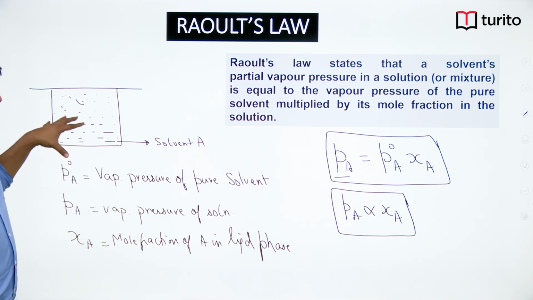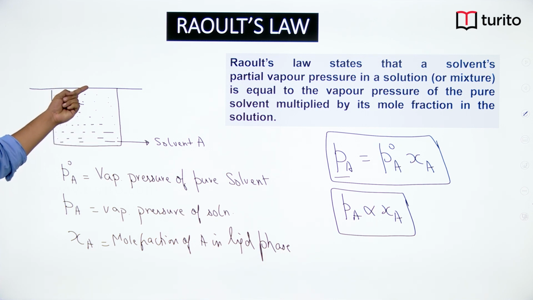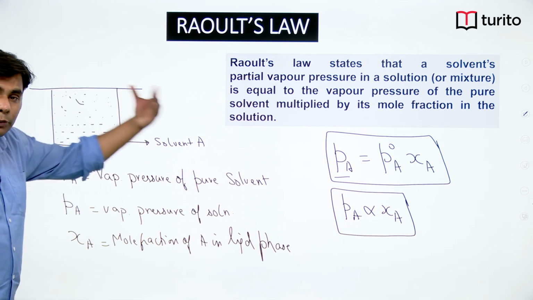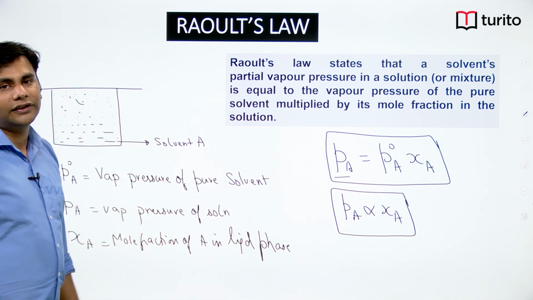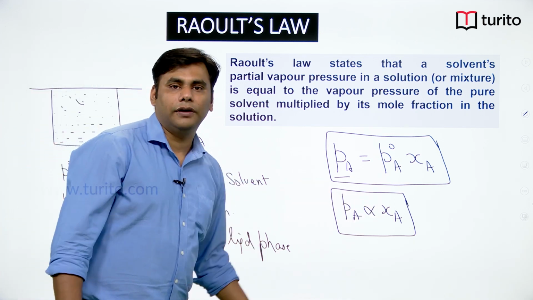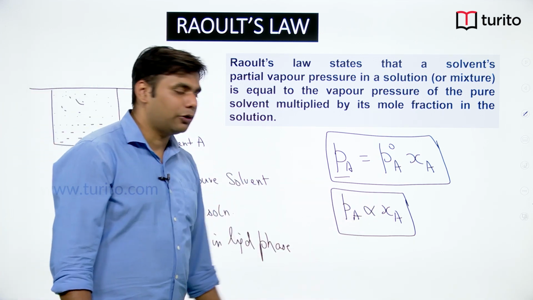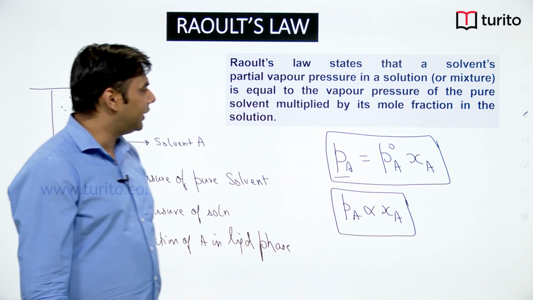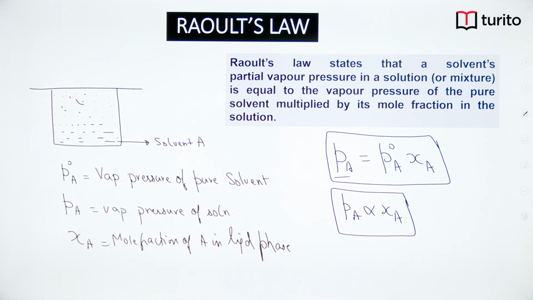So the pressure exerted over the solution is always proportional to the mole fraction of the solvent. When I remove the proportionality sign, I get P naught A. So P equals P naught A into XA is the expression for Raoult's law.